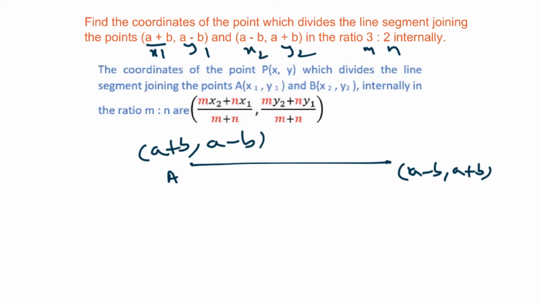Now we need to find a point on this line segment AB such that it is dividing the line segment into 3:2. So we can use the section formula to find this.